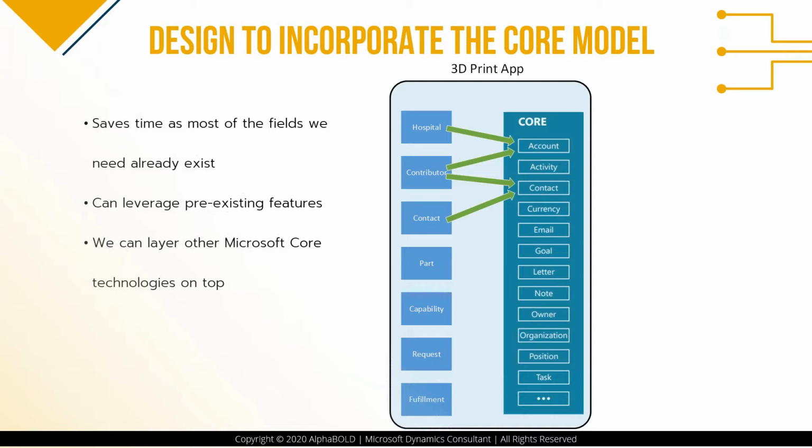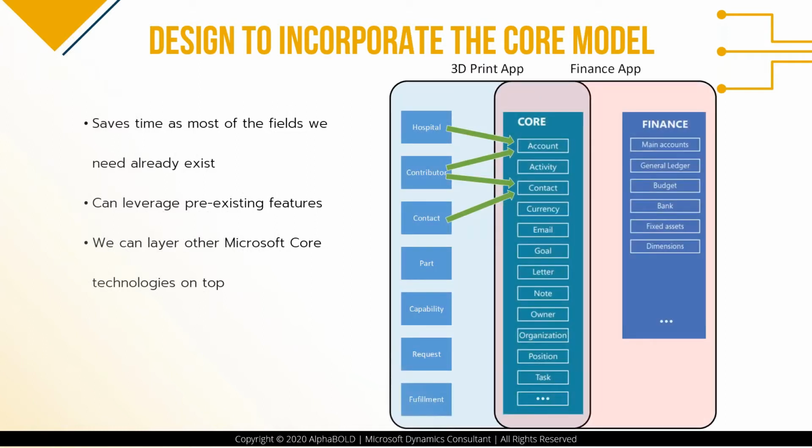And then maybe buy a license of finance and ops or customer engagement or Business Central, which layers on top of the common data model. Now I have one monolithic database that utilizes the same data. So an account in the 3D print app is also an account on the finance side.